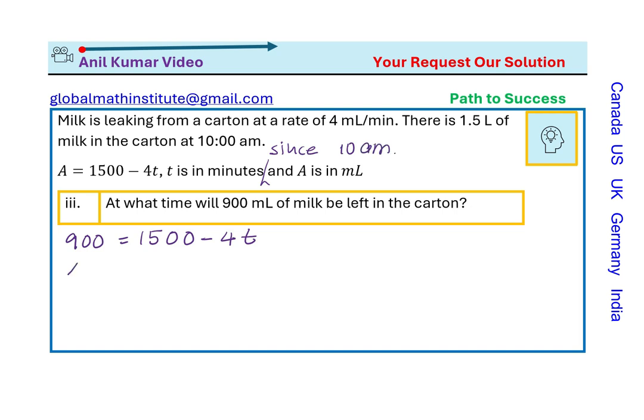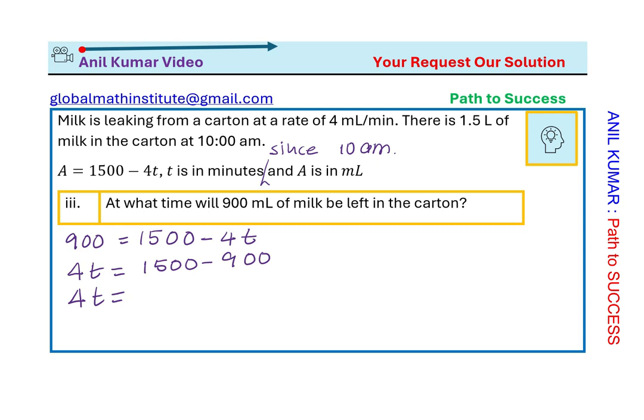So rearrange. 4t is equal to 1500 minus 900. So 4t equals to 600. t equals to 600 divided by 4.